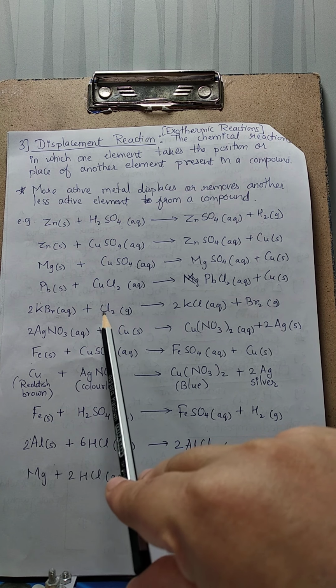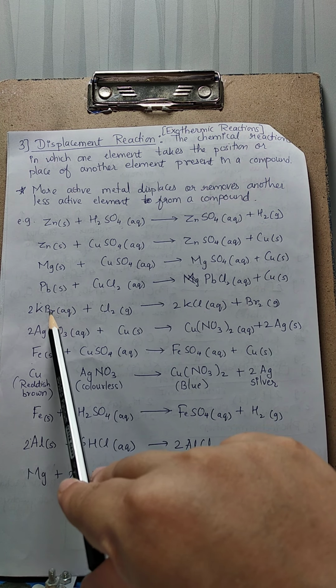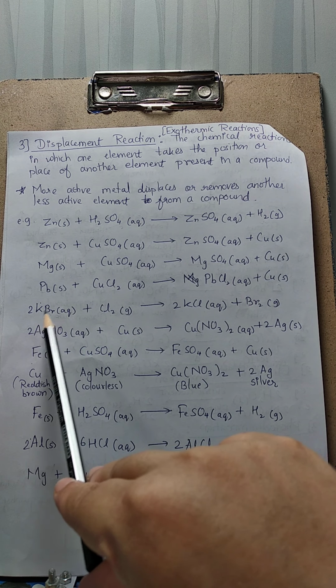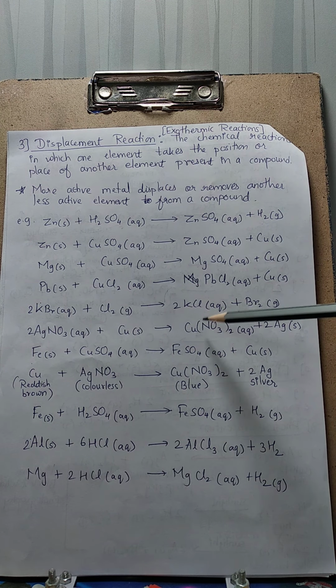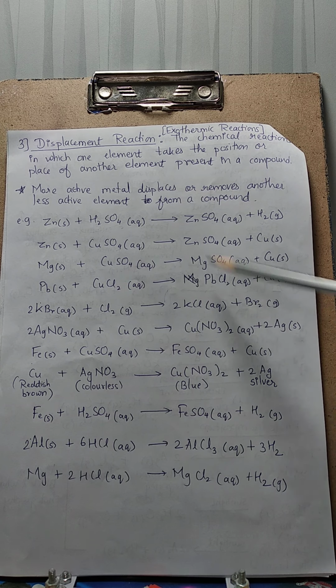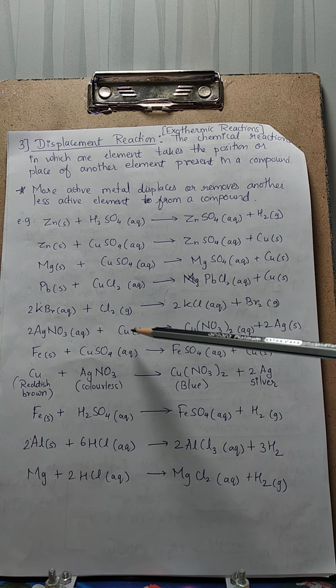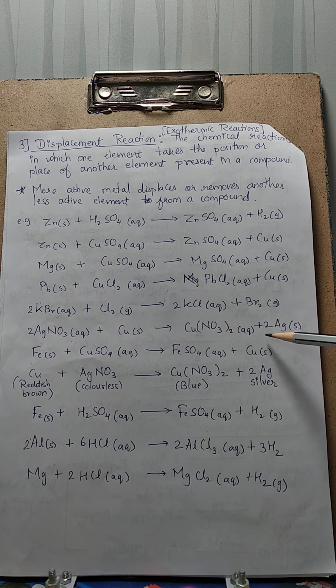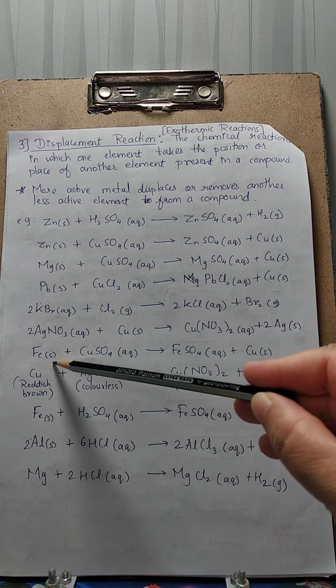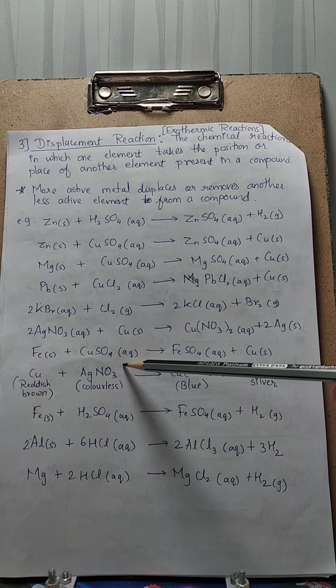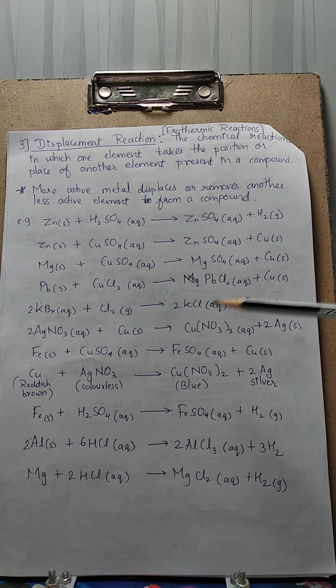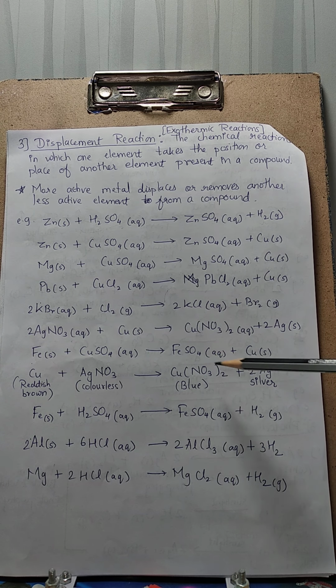That is why chlorine can replace bromine from its salt and it forms potassium chloride, that is KCl, plus Br2. Then silver nitrate plus copper gives copper nitrate plus silver. Iron plus copper sulfate gives iron sulfate plus copper.